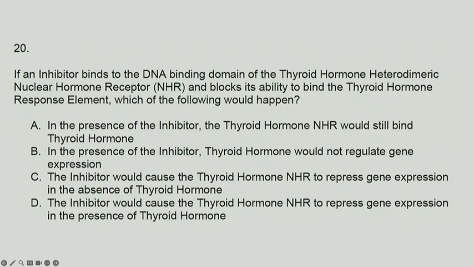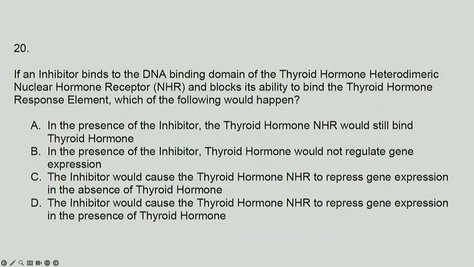Okay? The inhibitor would cause the thyroid hormone NHR to repress gene expression in the absence of thyroid hormone. So this is a heterodimeric one that can no longer bind to DNA. Is it going to repress gene expression? Well, it's not repressing it, right?